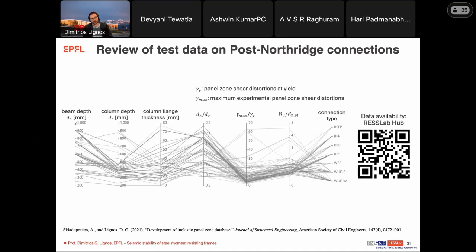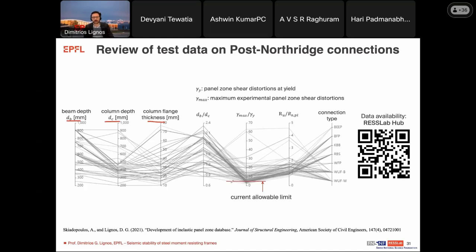And here what you see is that we have the possibility of, in fact, reviewing the test data with what we call a parallel axis plot, by taking into account parameters that, in fact, affect the panel zone behavior.